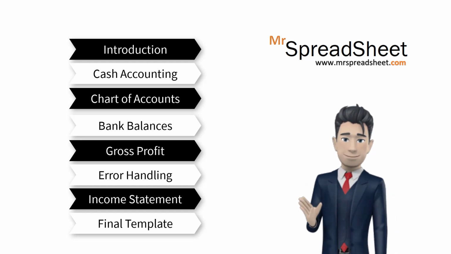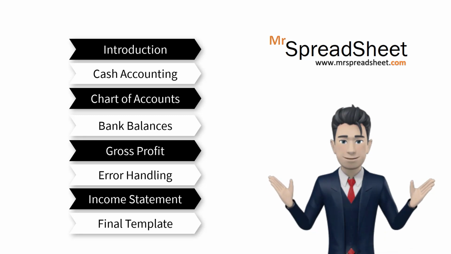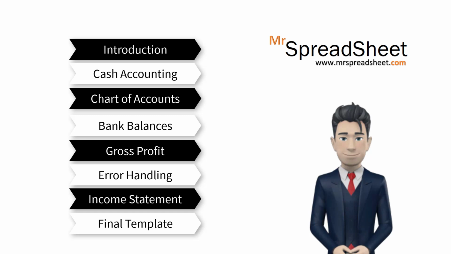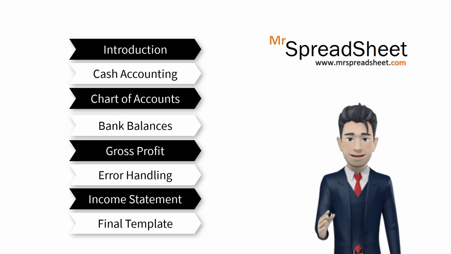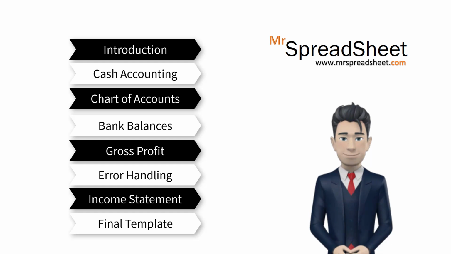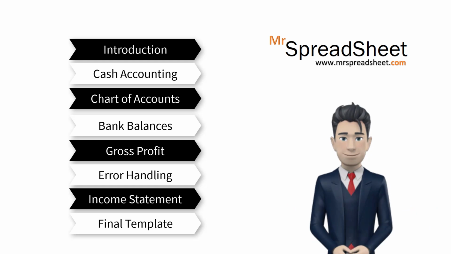In video 5, we deal with the gross profit, and in video 6, it's all about error handling. This video, video number 7, is about the income statement, and we finish up in video number 8 with the final template.